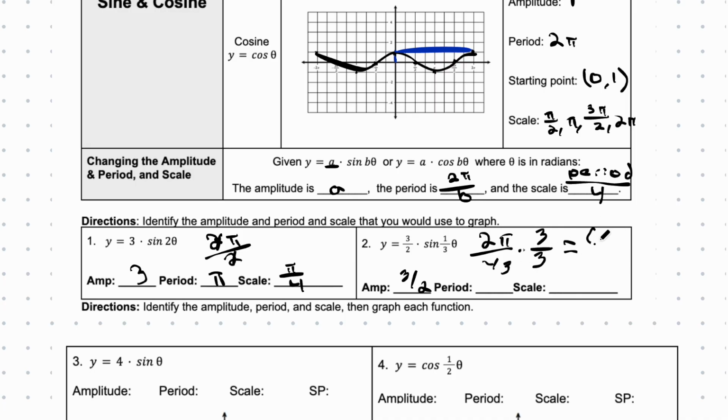On the top we get 6 pi, and on the bottom these two cancel out to just 1, so we get 6 pi. In our scale, we're going to do 6 pi over 4, because our scale is our period divided by 4. And this will just simplify to 3 pi over 2.